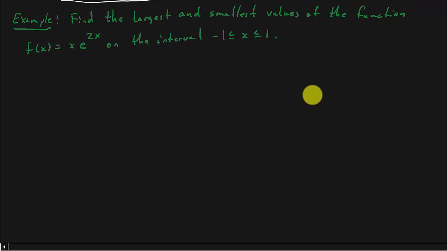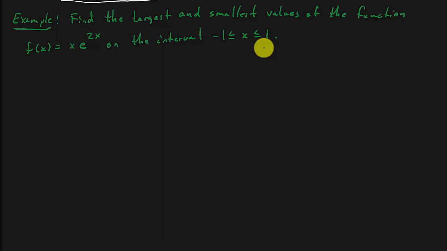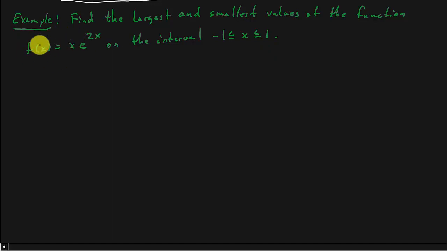Okay, find the largest and smallest values of the function f of x equals x e to the 2x on the interval where x is between negative 1 and 1. So you've done this before too, absolute max and min. You've got to find your critical numbers, and then you evaluate the original function at the critical numbers and the endpoints of the interval, and then you see which one's the largest and which one's the smallest.